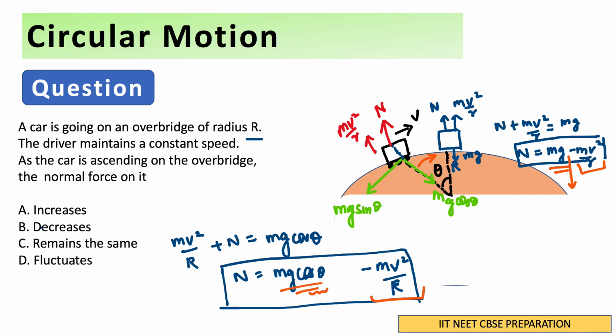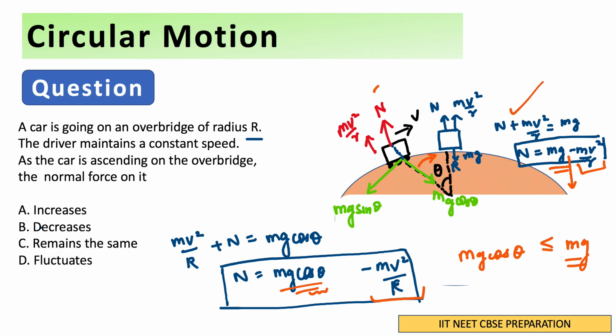So basically this value mg cos theta is smaller. You can say that mg cos theta will be smaller than or equal to mg. That is why, and this term that we are subtracting is the same. So in this case, mg is greater, and since mg is greater, the normal reaction is more.